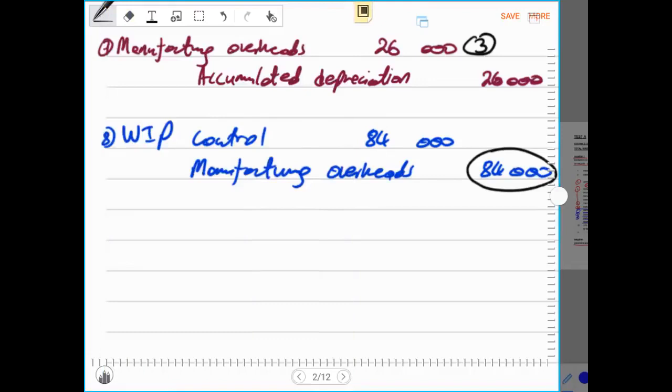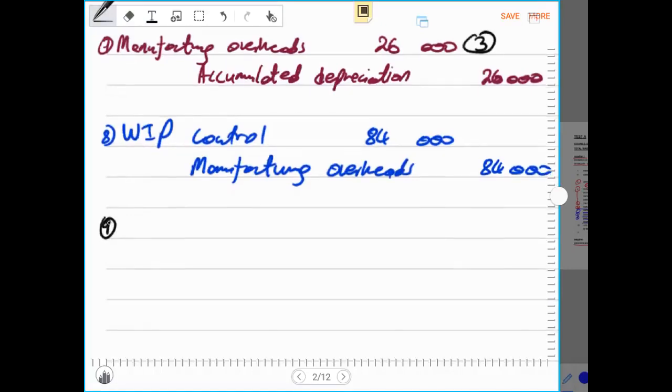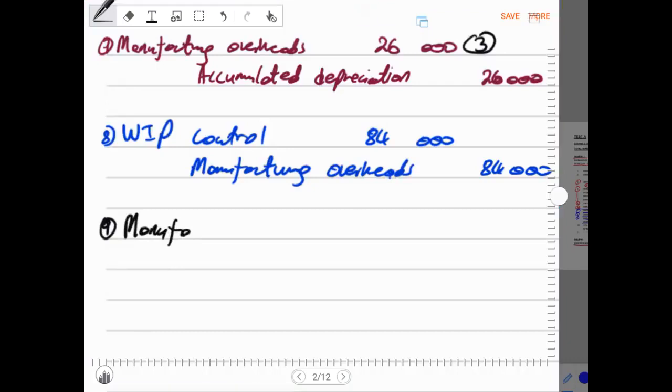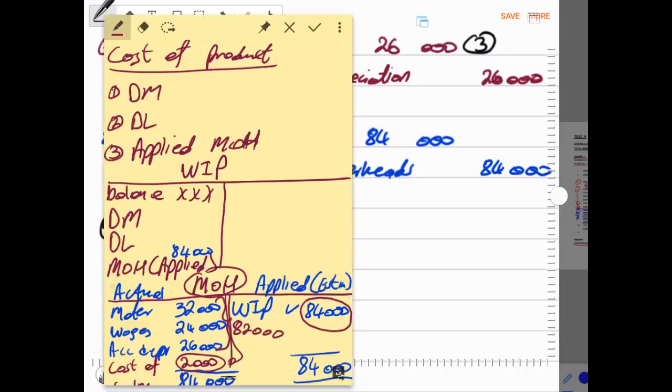So now we have to record the over or the under applied manufacturing overheads, which is number 9 in my sequence. Take note of that. Then after, we debit manufacturing overheads. The reason why we debit manufacturing overheads is because on the debit side of the manufacturing overheads, we have an amount of 2,000 rands.